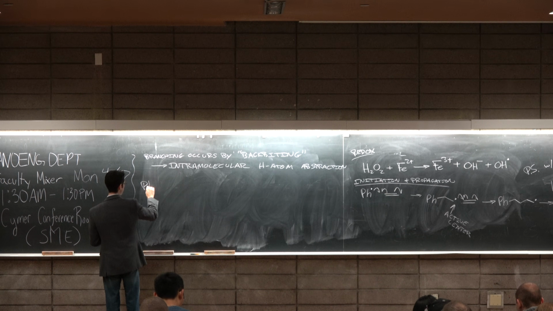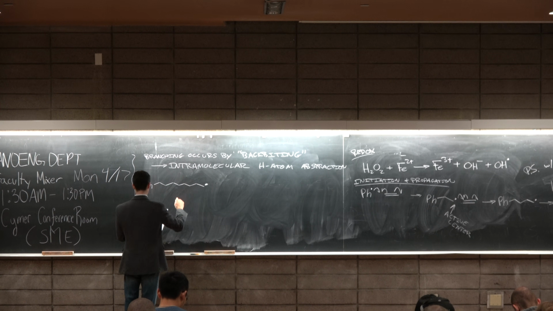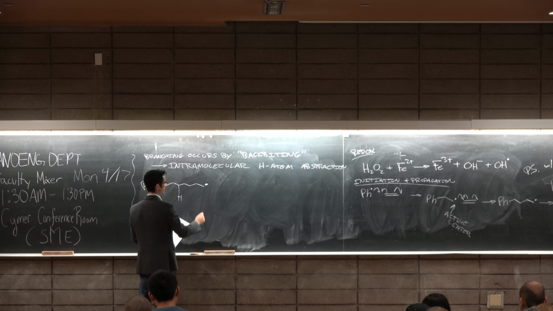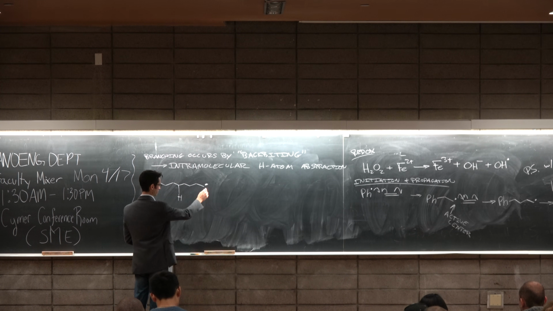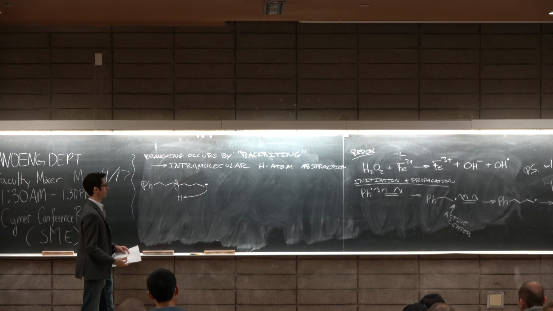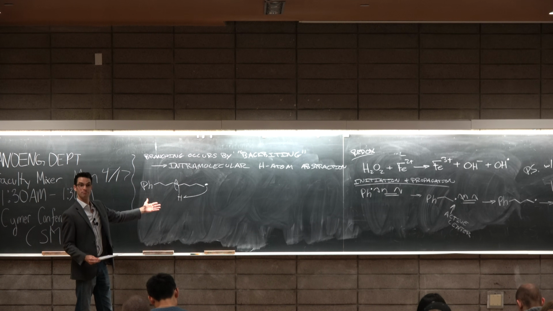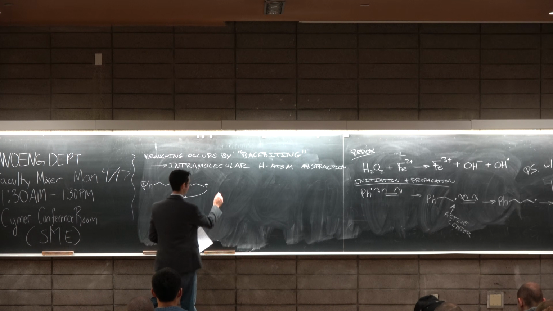So let's say we have some polymer chain with a radical at the active center, and I conspicuously draw some hydrogen atom here. Because radicals, sometimes when they can't find anything to react with, will just react with anything, particularly juicy hydrogen atoms on another molecule or on their own body.